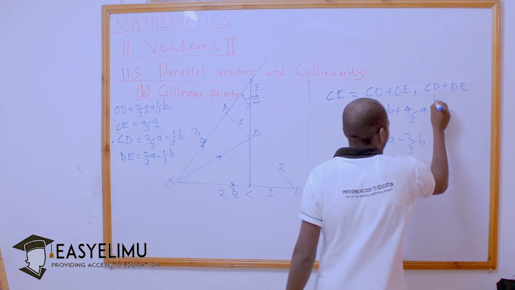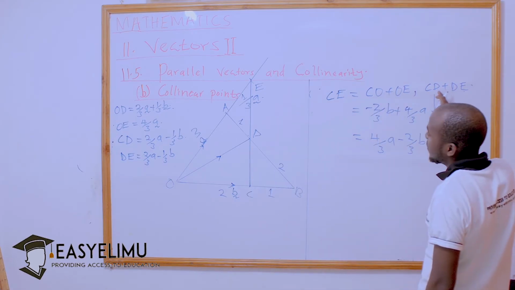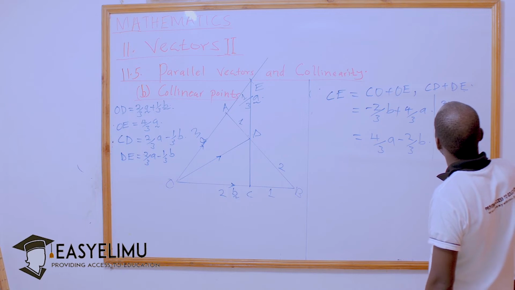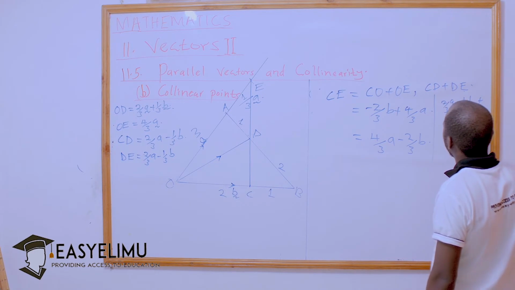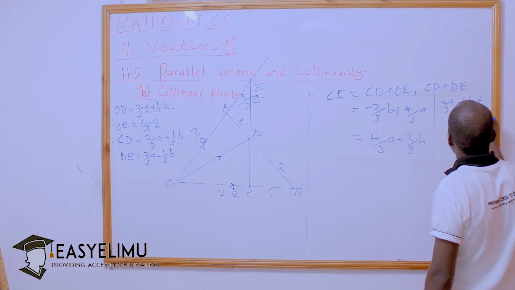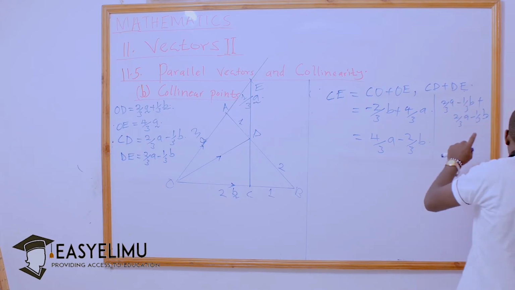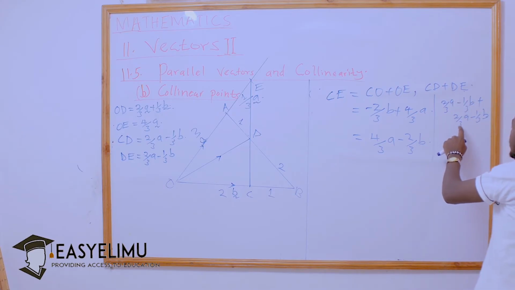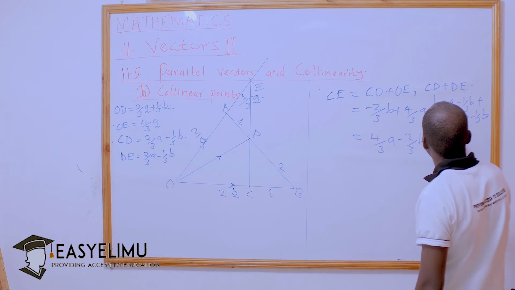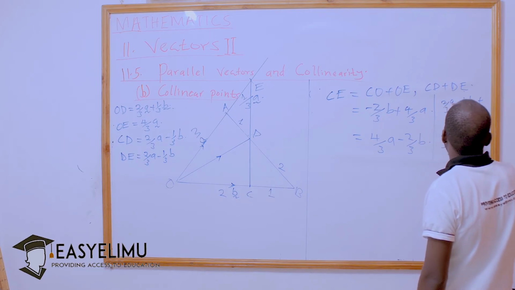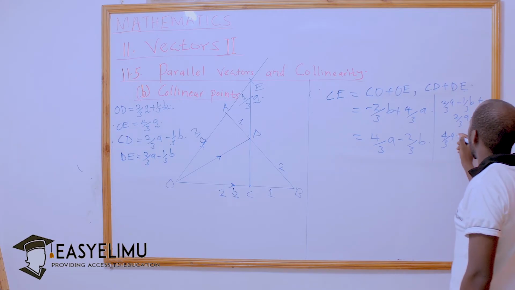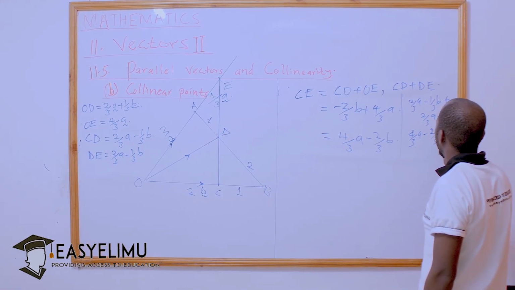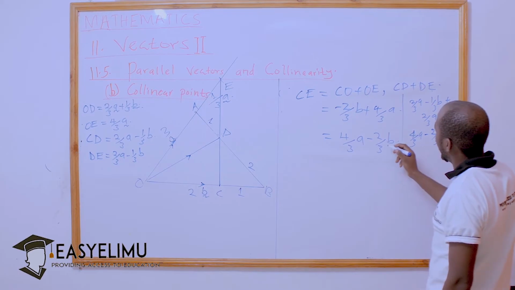In case you work this by taking CD, remember CD is 2 over 3 A minus 1/3 B. Then you add DE, and DE is also 2 over 3 A minus 1/3 B. You will get 2 over 3 A plus 2 over 3 A, which is 4 over 3 A. Then minus 1/3 B minus 1/3 B, you get minus 2 over 3 B. So it is still the same value.